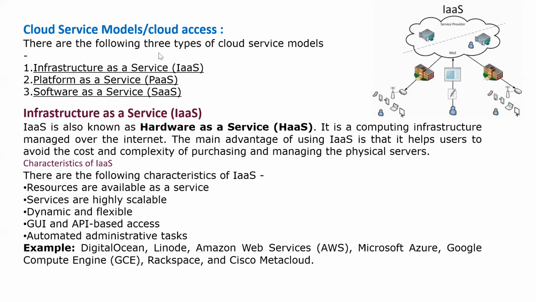All these services are highly scalable. They can be increased, they can be extended, and they are dynamic and flexible. And as you can see, a graphic user interface is provided, an API interface is provided. All these things are available to the user, and all administrative tasks are automated here.